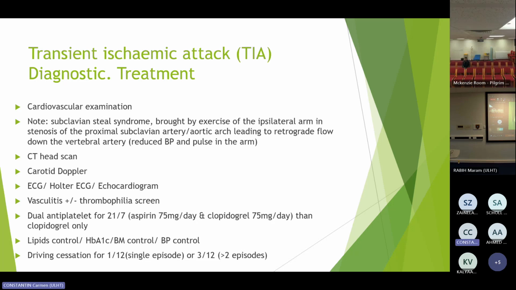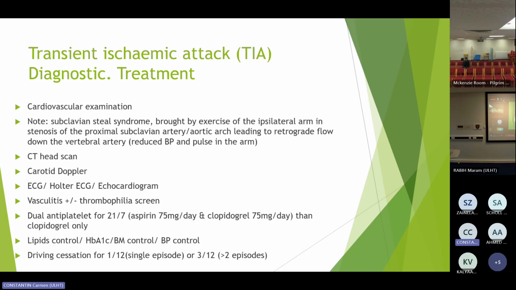Also, the medical treatment implies dual antiplatelet, so aspirin along with clopidogrel for 3 weeks, and after that to continue with clopidogrel only. This is the treatment in the case that we don't have an anticoagulation need, either for atrial fibrillation, multiple embolic events like PEs, DVTs, or metallic valves.